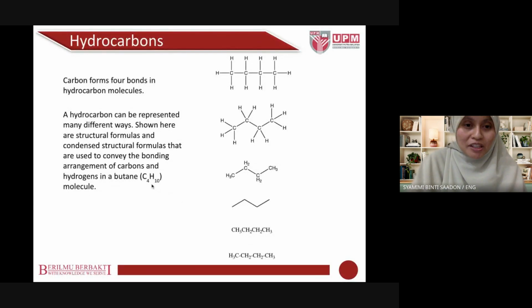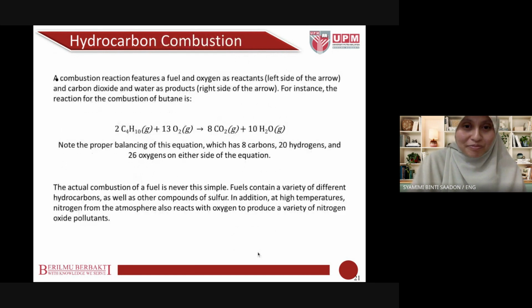C4H10 is butane, and then the others. Again, a combustion reaction features fuel and oxygen as reactants, and carbon dioxide, water, nitrogen, etc. as the products. So this is for butane.